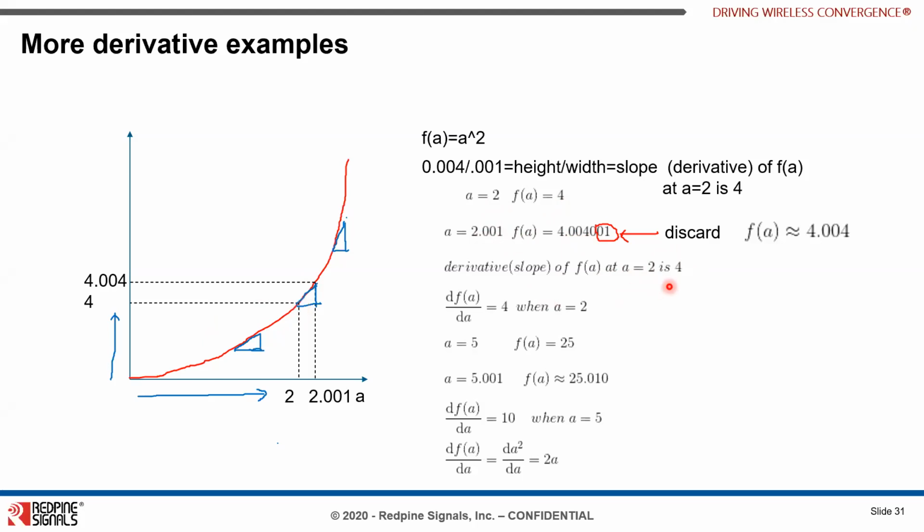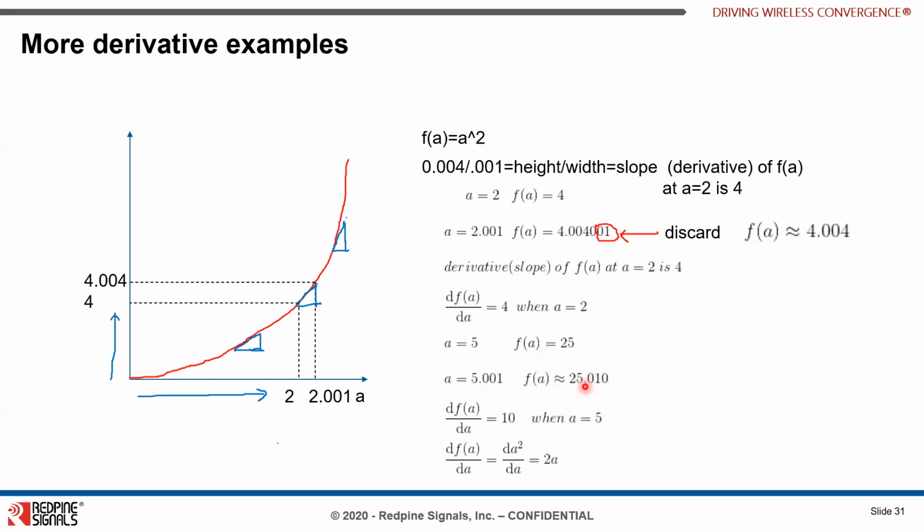Okay, now another example, say at a equal to 5. For example, I'm changing the point to a equal to 5, and fa is 25 because the function is fa equal to a square. And if I increase a from 5 to 5.001, it becomes 25.010.